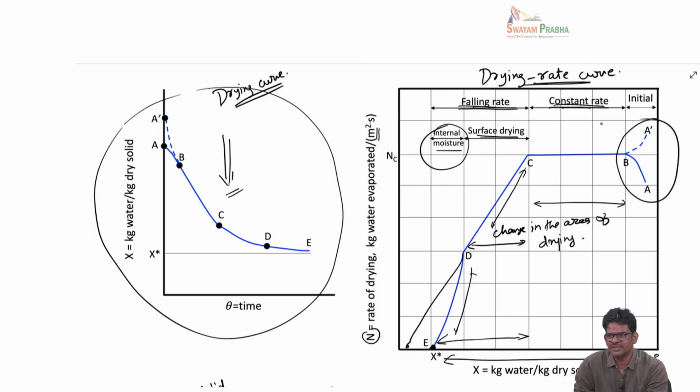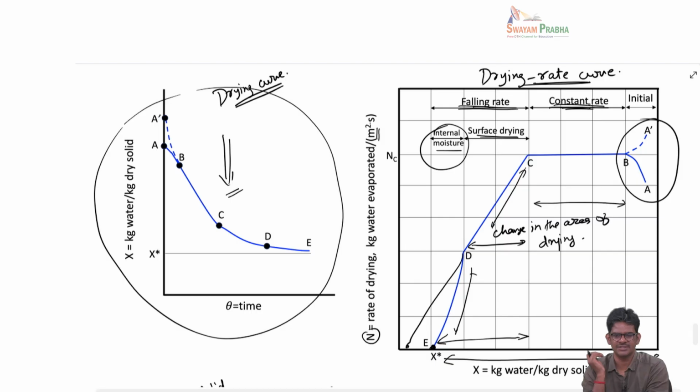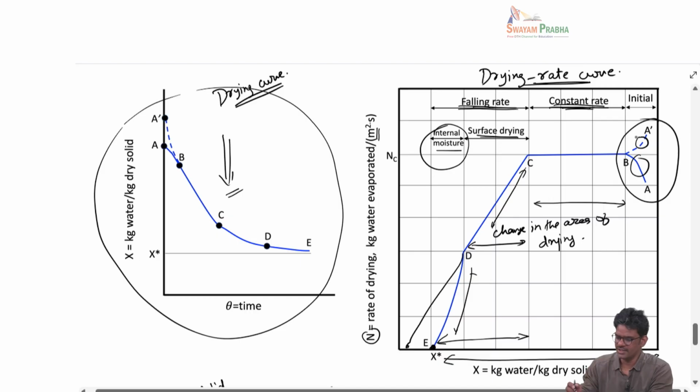This is called initial transient or initial adjustment, because I said that during the constant rate drying, the liquid takes a constant temperature because of the balance of heat and mass transfer. Corresponding to that steady state temperature, if the initial temperature is different, there will be a small amount of initial change in the rate of drying before it reaches constant rate drying. So this is called the initial period.